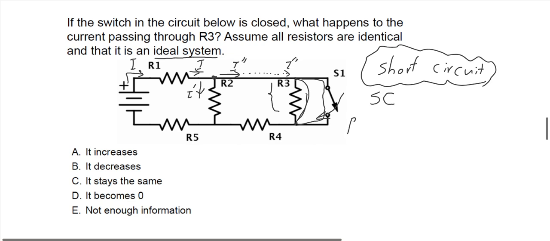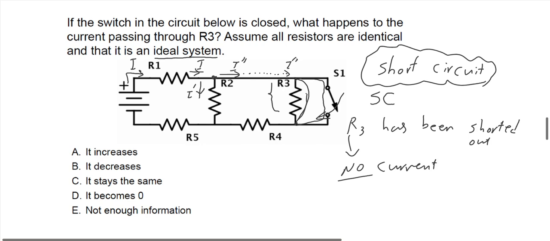We can announce that R3 has been shorted out by a wire or by any cables. What happens to R3 if it's been shorted? There is no current, absolutely no current would pass R3.